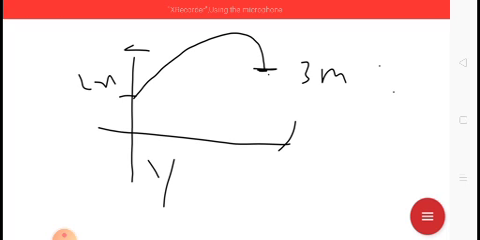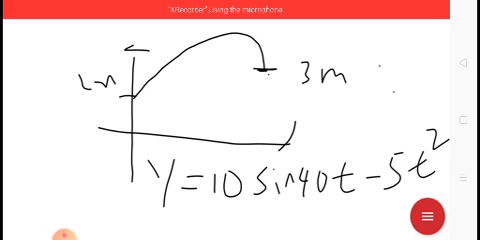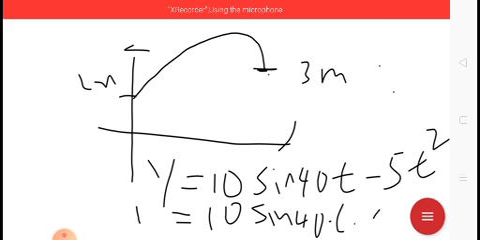Vertical displacement y equals 10 sin 40 t. g is negative 10, so you have minus 5t squared here, half of 10 is 5, so minus 5t squared. And the difference of these two levels is 1 meter, so you put 1 here for y: 1 equals 10 sin 40 t minus 5t squared.